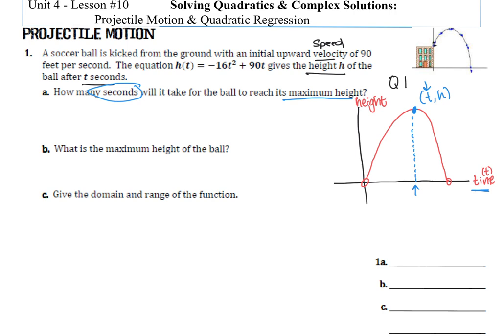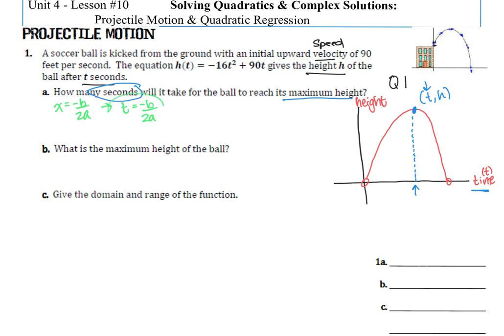Now, how do we find the x value, or in this case the t value of our vertex? There's a formula. We mainly relied on our graphing calculators a lot, but there was a formula that told us the x value of the vertex, and that was x is equal to negative b over 2a. And right now we are just replacing the x with t. So it's t is equal to negative b over 2a.